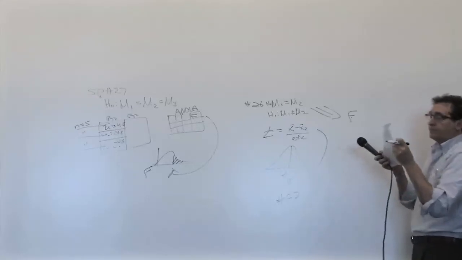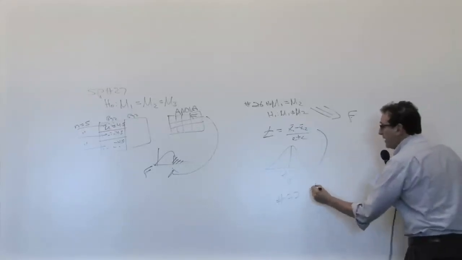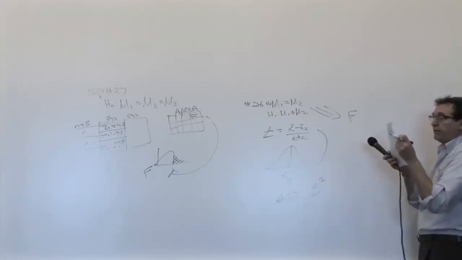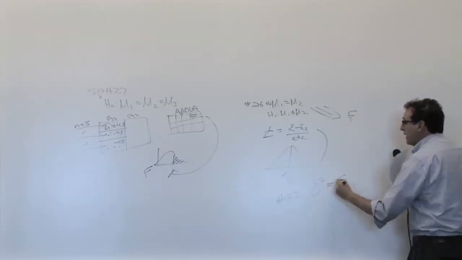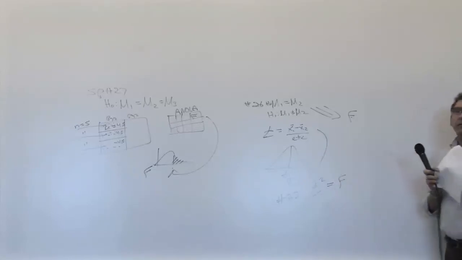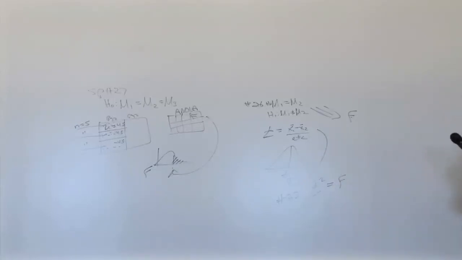When you get the T from item number 25, which you should have already done and handed in for today, and you get the F, if you square the T, you should get the F. We're not teaching the class from a mathematical point of view, but it's an interesting result that Z, T, and F are all related to each other, because they fundamentally boil down to the bell-shaped curve.